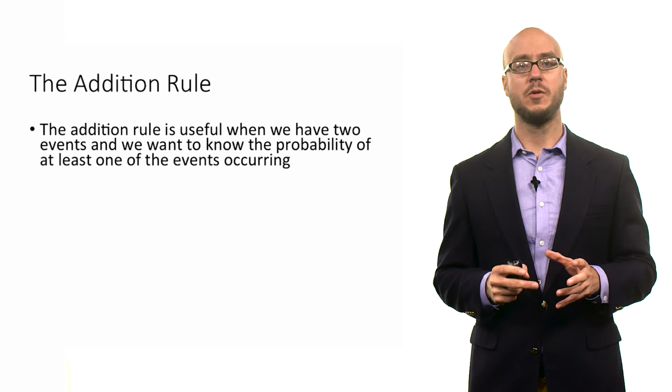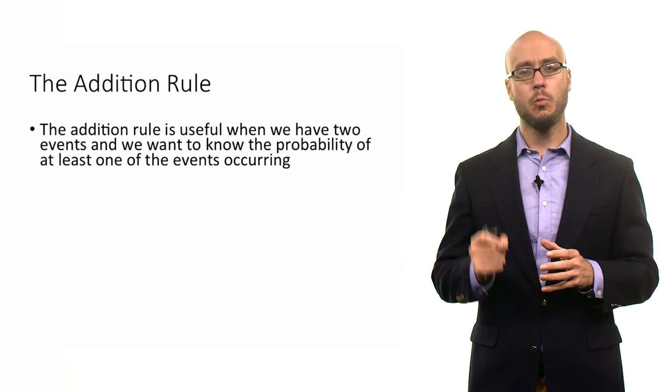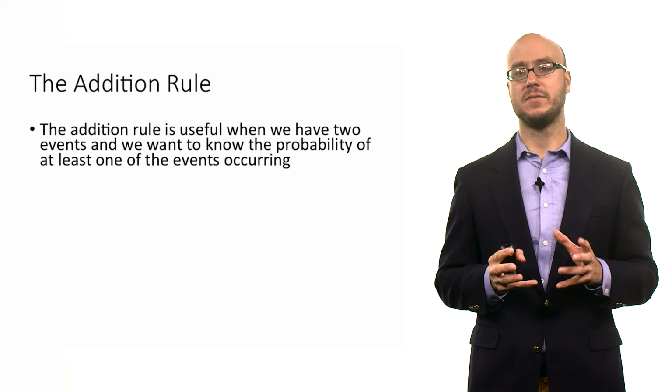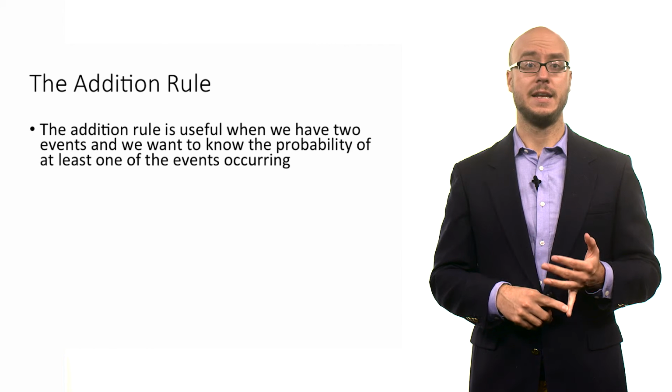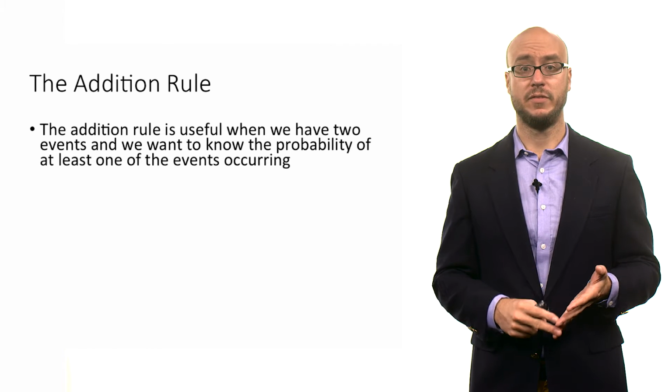To calculate this measure of overall vulnerability, we want to think about something called the addition rule. The addition rule is used when you have two events and you want to know the probability of at least one of those events occurring. In our case, our two events are having no health insurance and living in poverty.